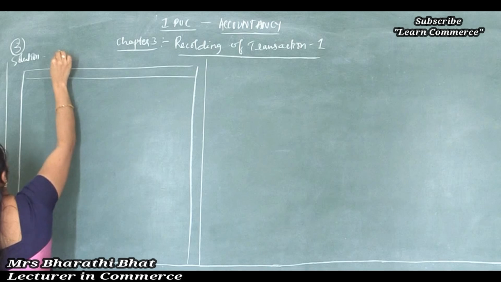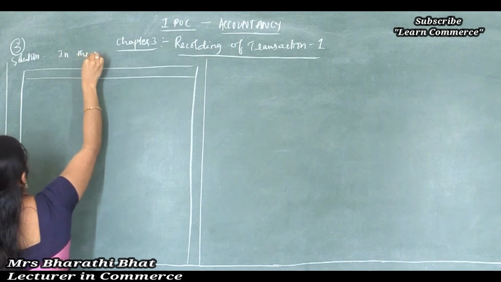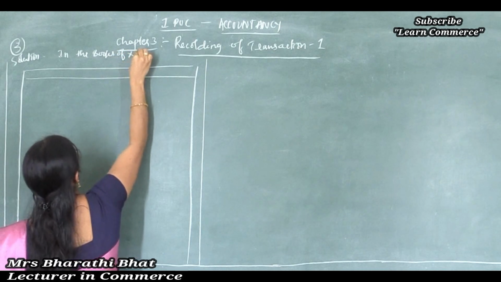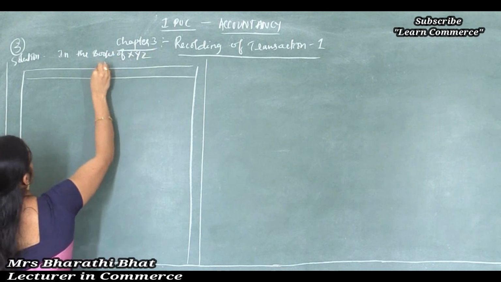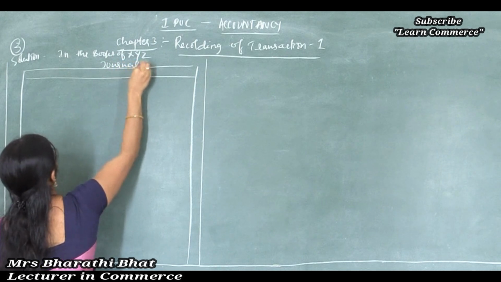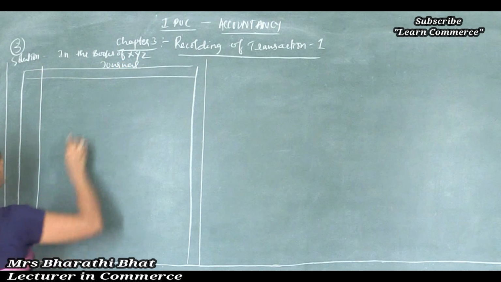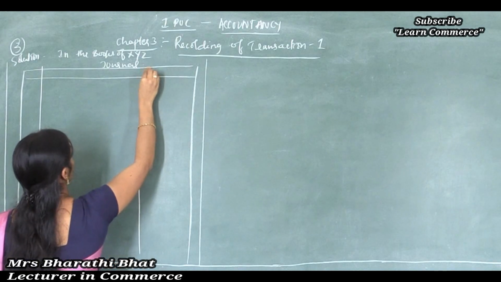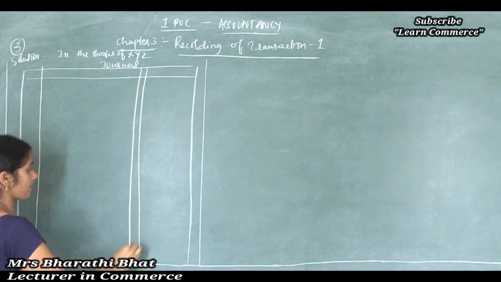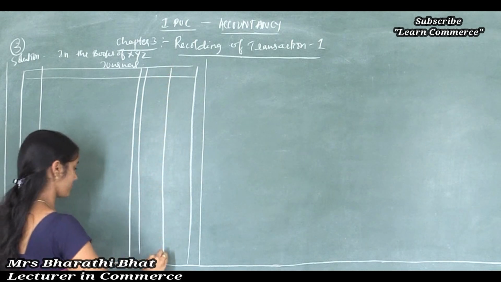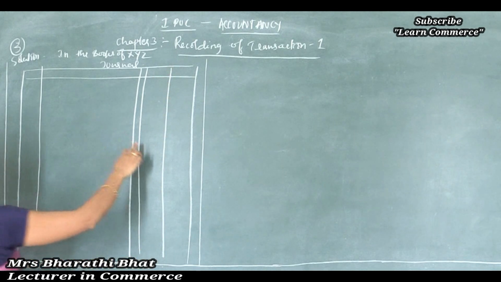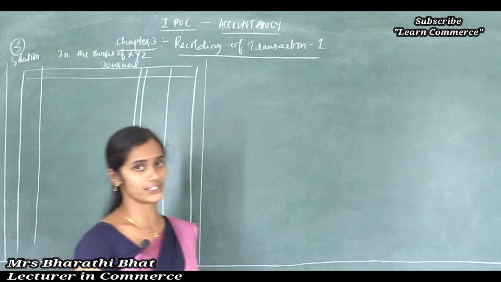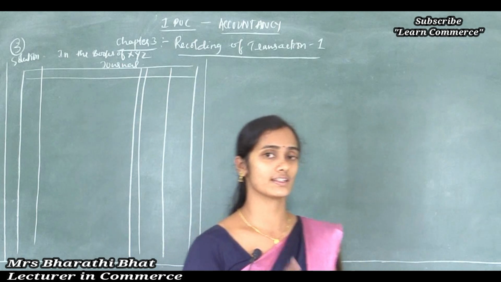In the books of XYZ journal, that's the heading, date, particulars, LF and debit amount and credit amount column. Clear? First transaction, business started with cash.